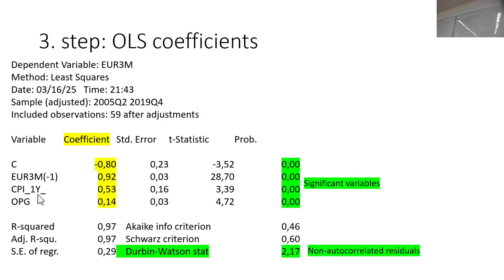It is 0.5, which is really close to the 0.5 we had in the original Taylor rule, so that was a surprise for me. But in the case of output gap, we have not much, so it's 0.1. Okay, it's significant, but yeah, okay. So we can still say that inflation targeting is relevant for the ECB.